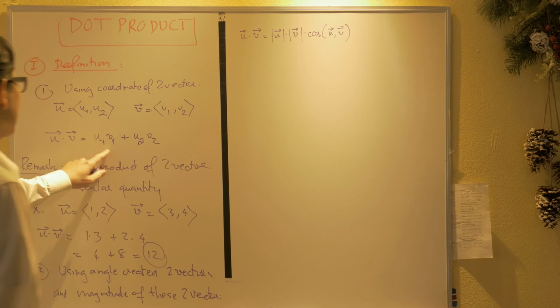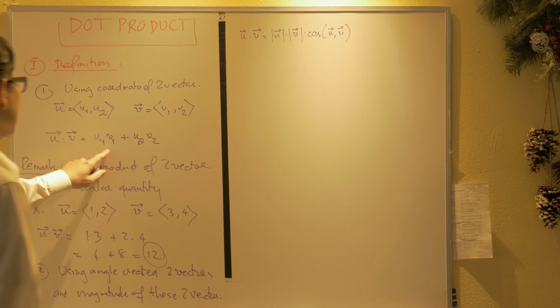So if you compare the two definitions, the first definition seems to be more convenient, right? Because for this definition, you need to know the angle between two vectors. If you don't know the angle, then you cannot define the dot product.